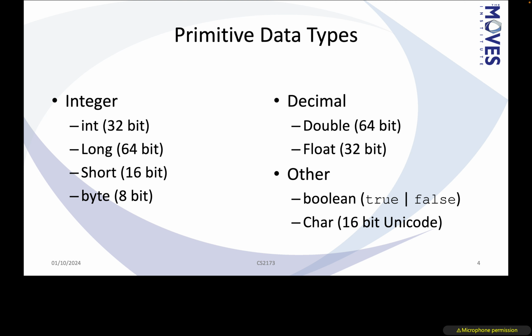Only use doubles. And so the other primitive type is boolean. A boolean has two values, true or false, and these are keywords. So you would just type true or type false.